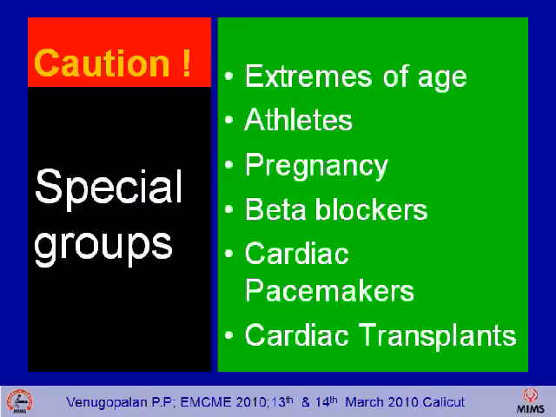You should also consider a special group: extremes of age, athletes, pregnancy, beta blockers, patients with cardiac pacemakers, and cardiac transplant patients, because they will present very differently, and may not be tachycardic at all.